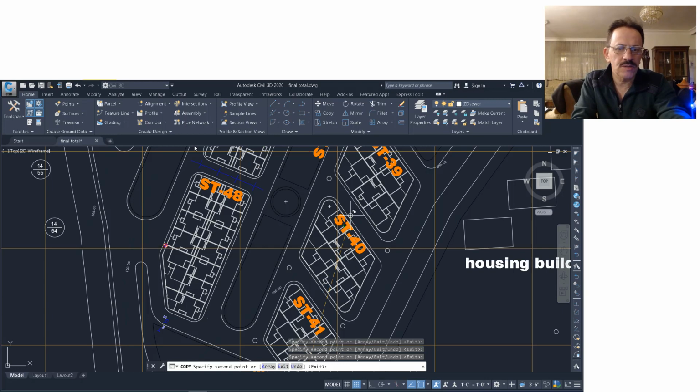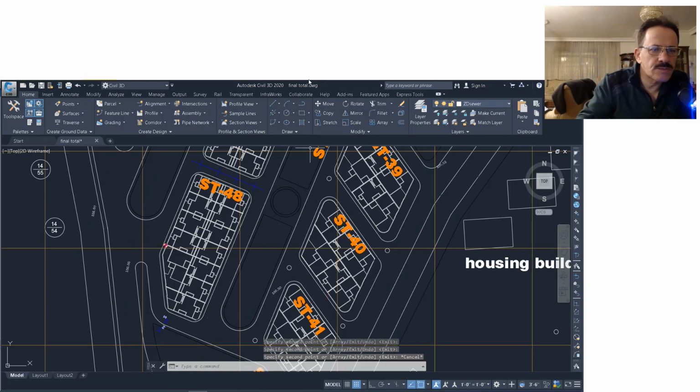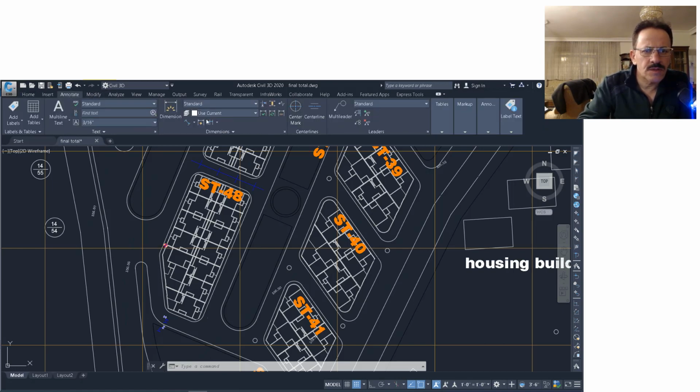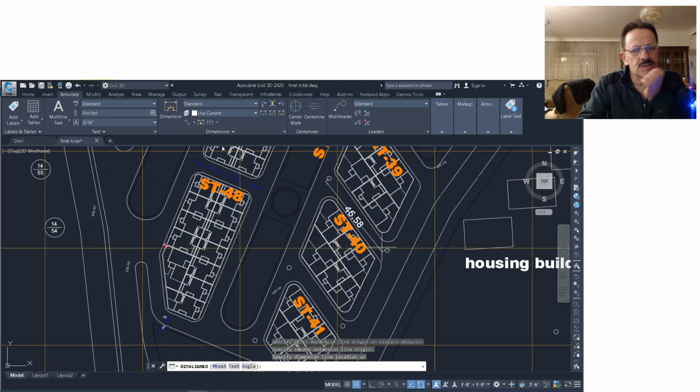You just have to check. Let me check the distance from one manhole to another manhole. We don't want too much space between the manholes, so I want to check the dimensions. Let me check this dimension. I will check the distance from this point to this manhole. Yeah, it's 46. I prefer not to have more than 25 meters, and usually you have been allocated. So for these two manholes, I will add another manhole in between.